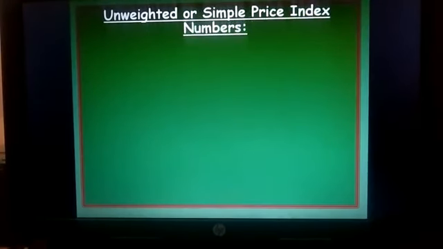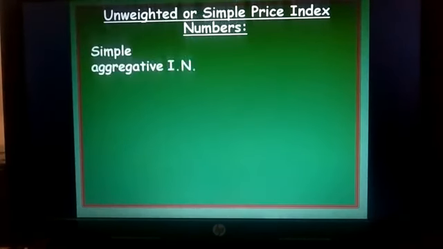Major bifurcation of index numbers, what was it? As unweighted and weighted. In that, first unweighted or simple price index numbers let us consider. In unweighted or simple price index number, furthermore classification was there.